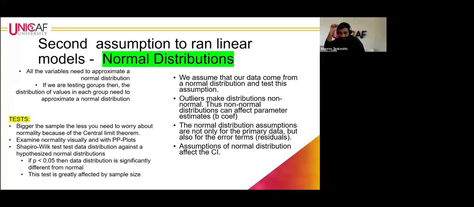Many things in the data should be normally distributed. The dependent variable needs to be normally distributed. The independent variable needs to be normally distributed, and the errors also, so the residuals, how far away from the line each data point is, also need to be normally distributed.